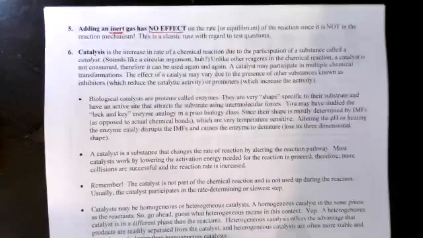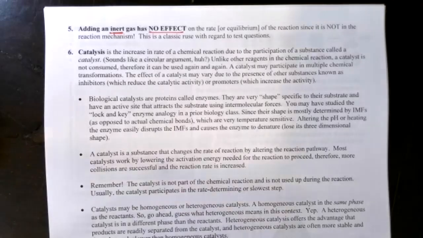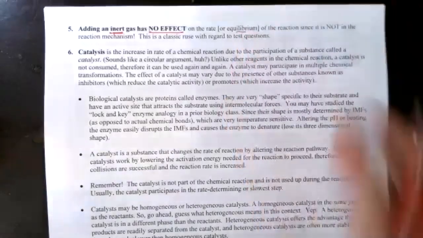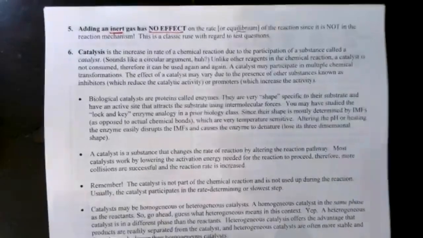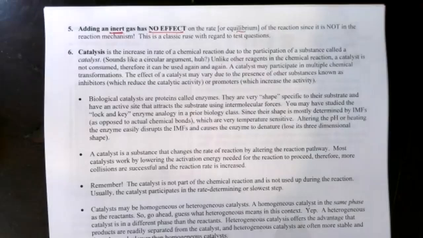There's not going to be any effect based on that reaction with that inert gas. Now, we could talk about equilibrium. I don't really want to get into that here, but you may remember we talked about pressure with equilibrium in the past. But be careful not to confuse the two, although there will be some similarities here.